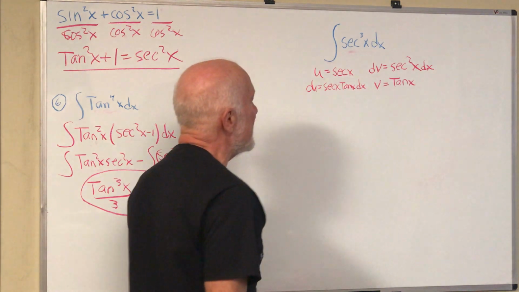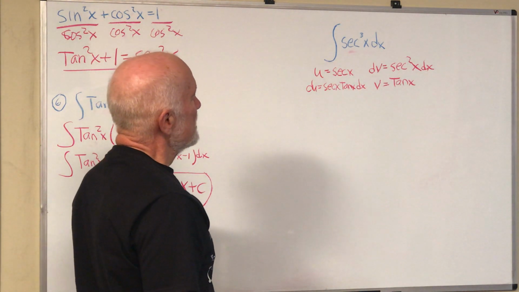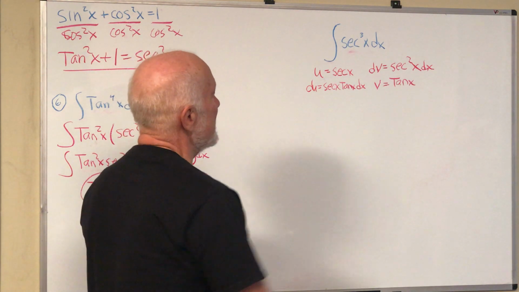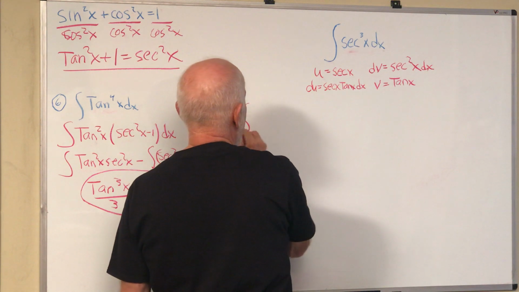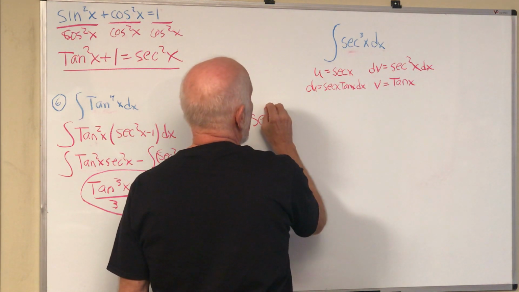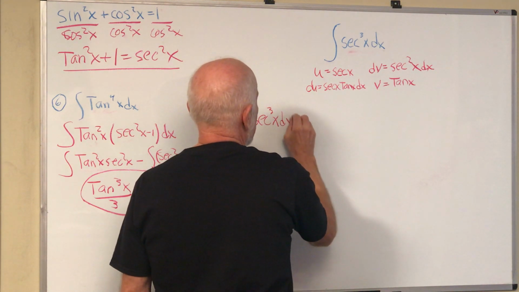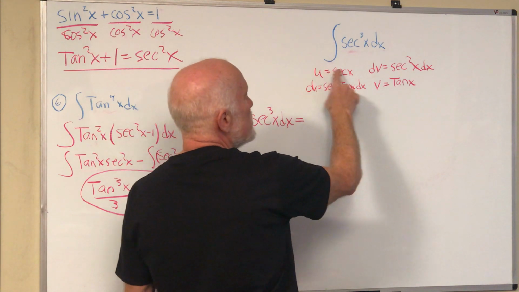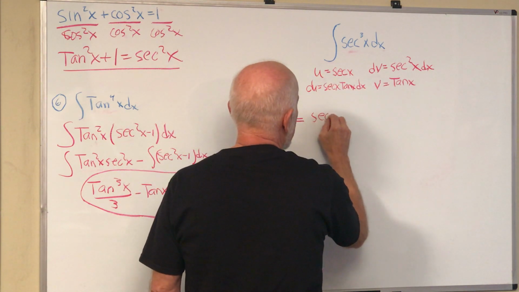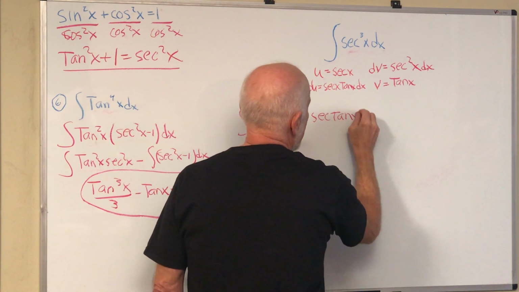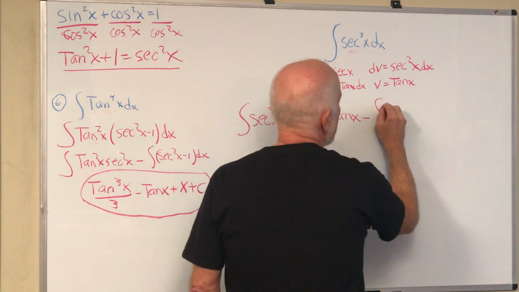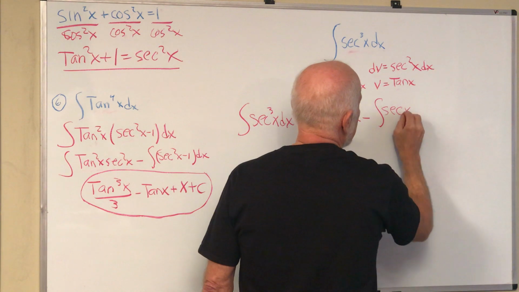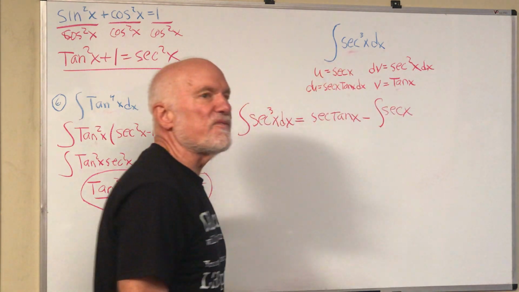So I've got it all set up. What does integration by parts say? The integral right up here, which I might as well write that down, what I'm finding is equal to u times v, the secant of x, tangent of x, minus the integral of v du. So I get secant of x times tangent squared of x.